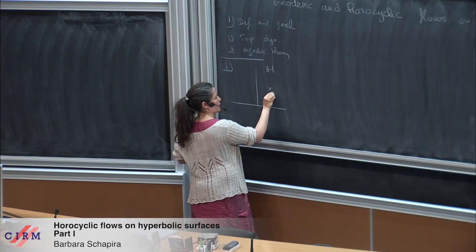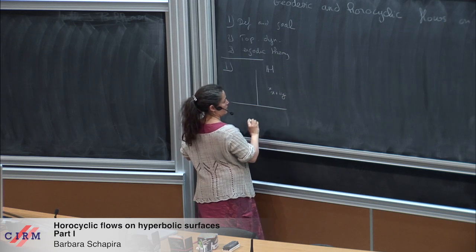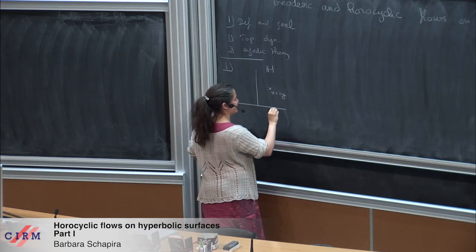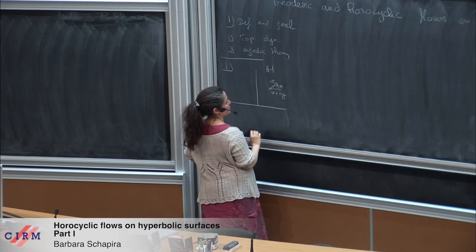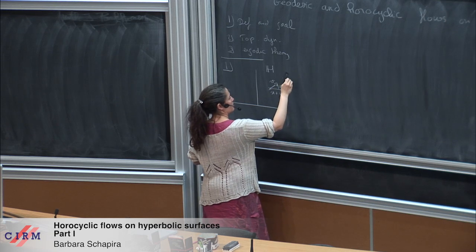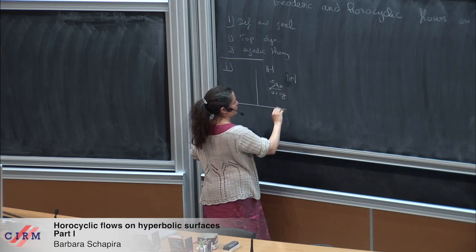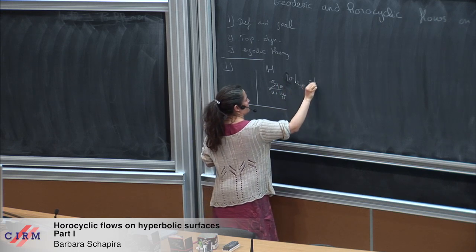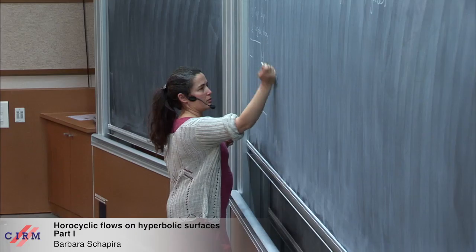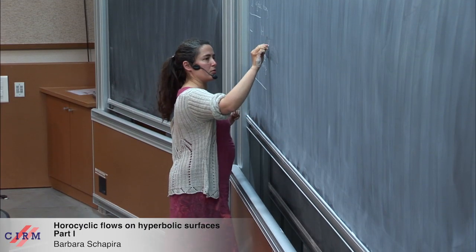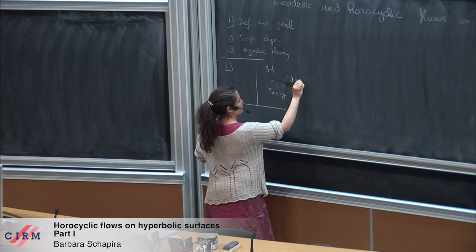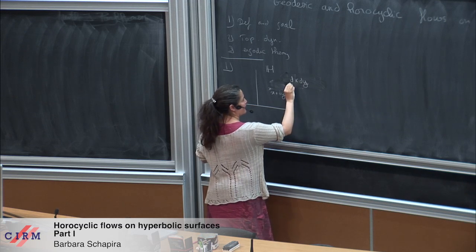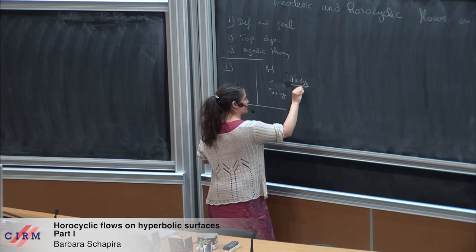If you have a point x plus iy, and a vector v making an angle theta with the horizontal, the hyperbolic metric is (dx² + dy²) over y².